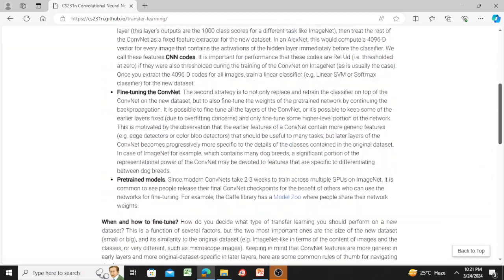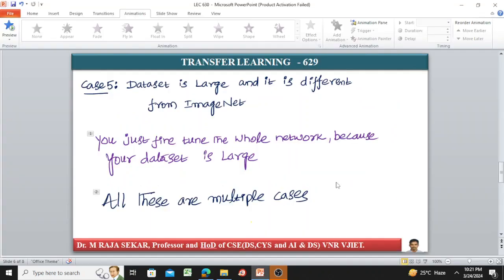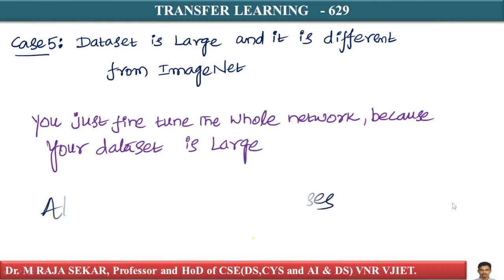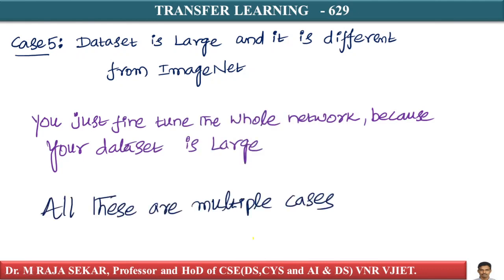They explained all these things very nicely, so that you will get real intuition of what we are doing. It is a nice blog written for the CS231N course at Stanford, and it explains all of these cases in lots of detail. What I have shown here is basically inspired by this blog. I will provide a reference link to this blog in the description section of this video.